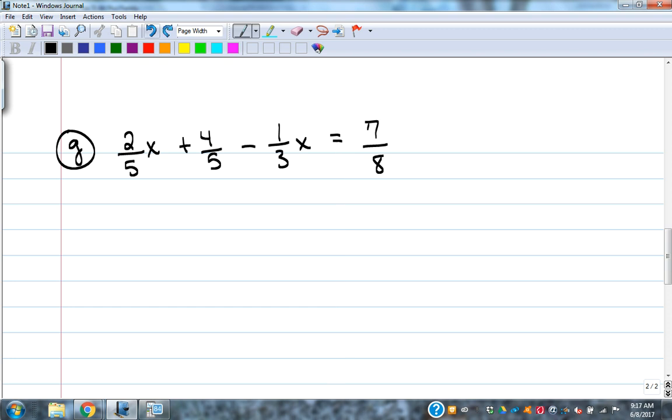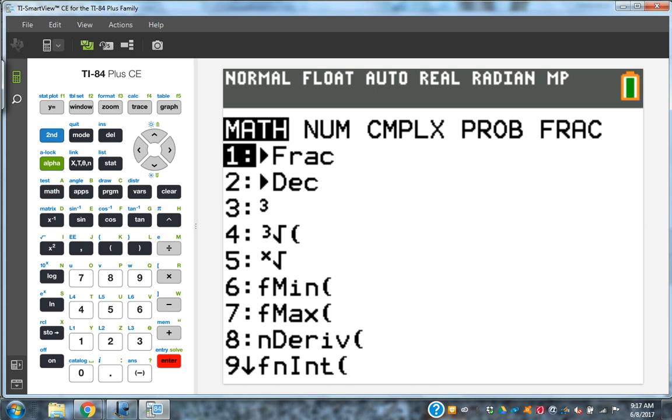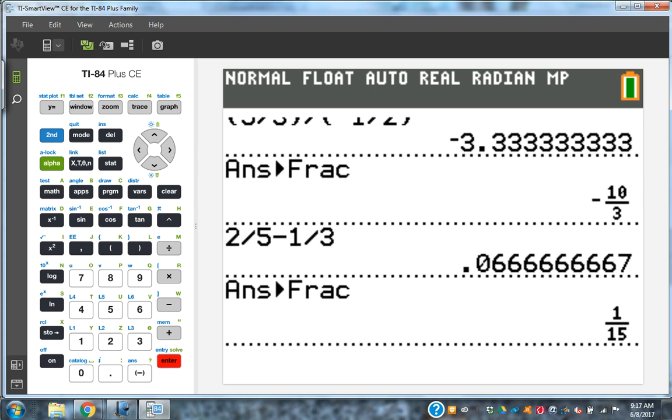Okay, so we're on the same side. So 2/5 minus 1/3. I'm just going to do that here, and then math, enter. With addition and subtraction, you don't have to use parentheses with fractions in the calculator. Only with division do you have to do that.